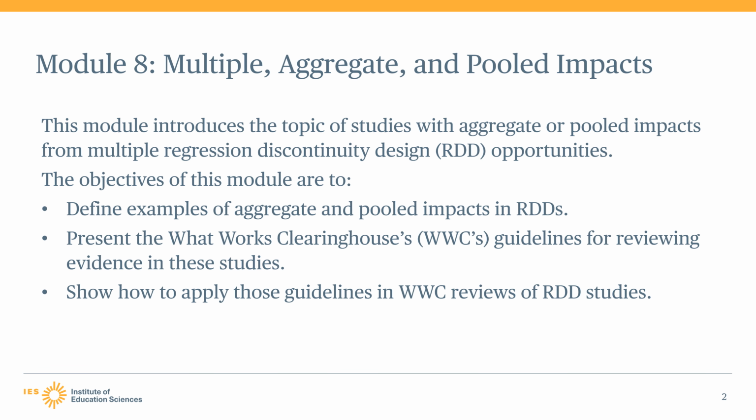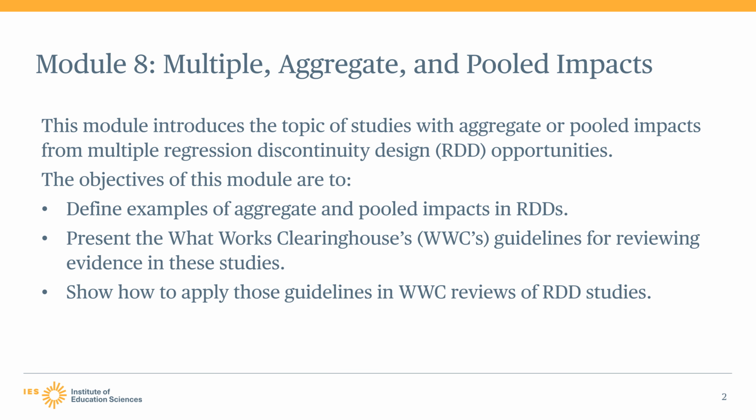When applying the integrity standard to studies that are reporting aggregate or pooled impacts, for each of these 3 criteria, if the integrity of the forcing variable is not satisfied for any combination of the forcing variable, cutoff, or sample that's used in the aggregate or pooled impact, then this criterion is not satisfied for the aggregate or pooled impact. And for each of these 3 criteria, it is acceptable to exclude cases from the pooled or aggregate impact that do not satisfy these criteria.